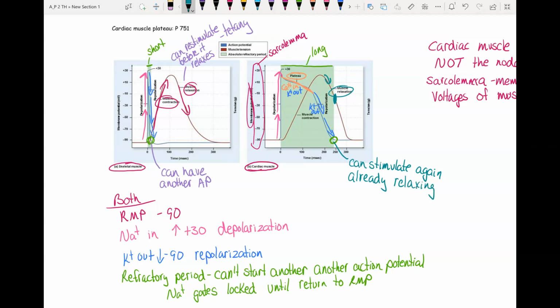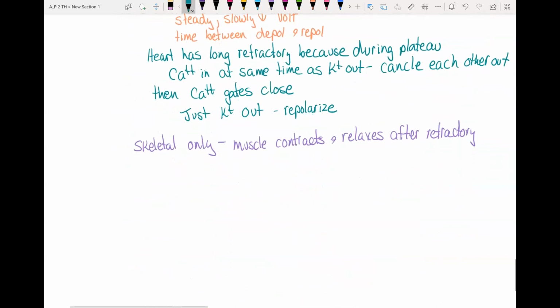So that long refractory period, because of the plateau, means that you can't re-stimulate that muscle before it relaxes. Do you think you can have tetany in the heart? No, you can't. This makes tetany impossible. So tetany does not occur in the heart. You can't re-stimulate it to contract until it has relaxed. It has to relax between contractions.